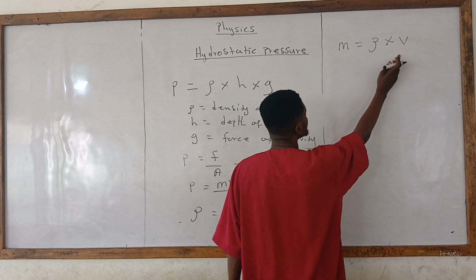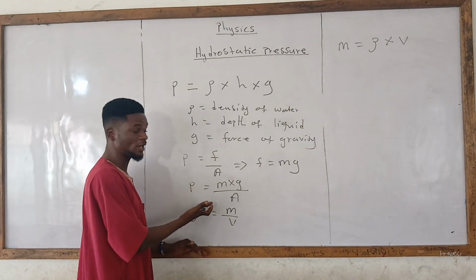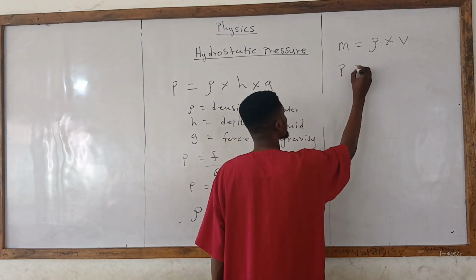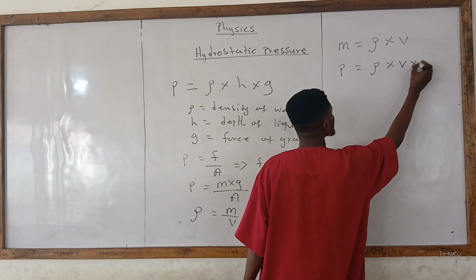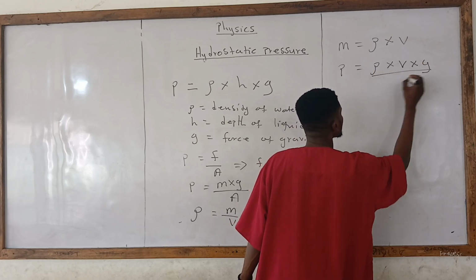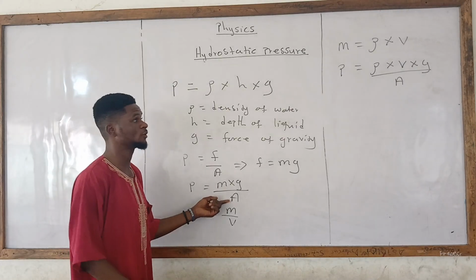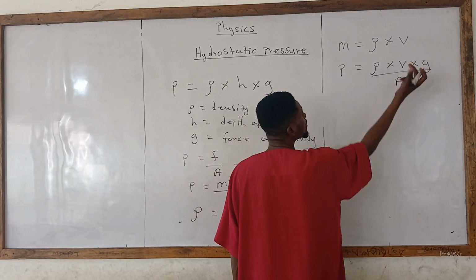So if mass is equal to this, then we can put this back into the pressure formula, where we have P is equal to density times volume times gravity, all over area. So we fit this into this formula. We have this.